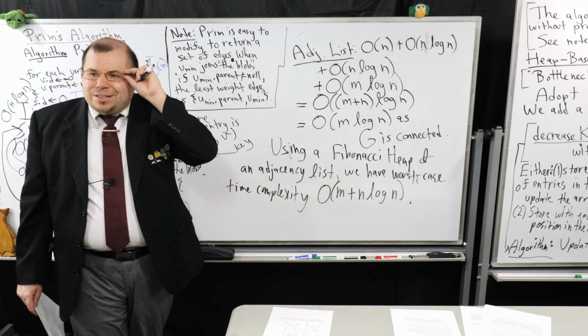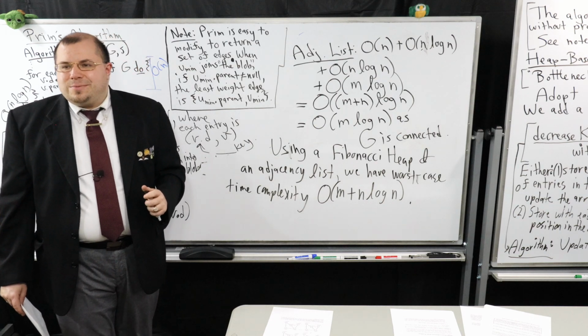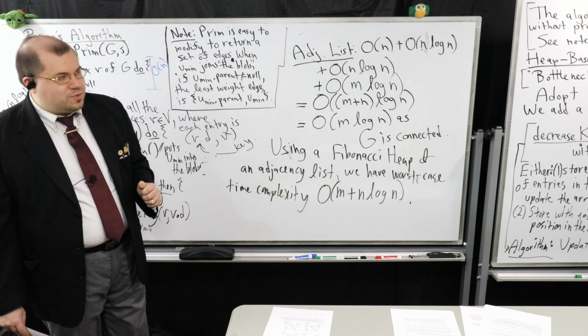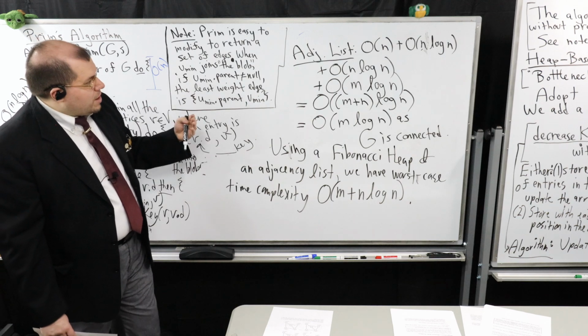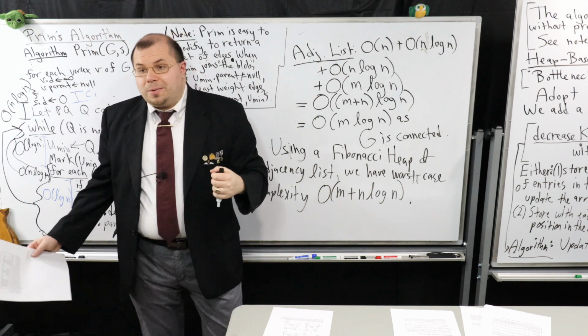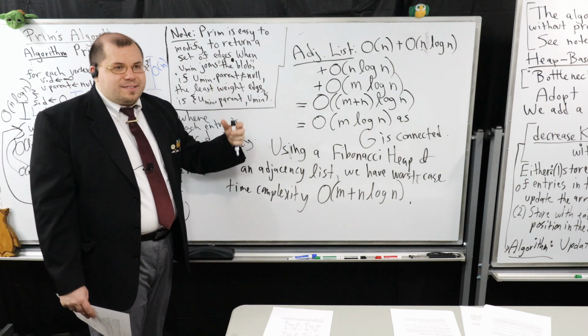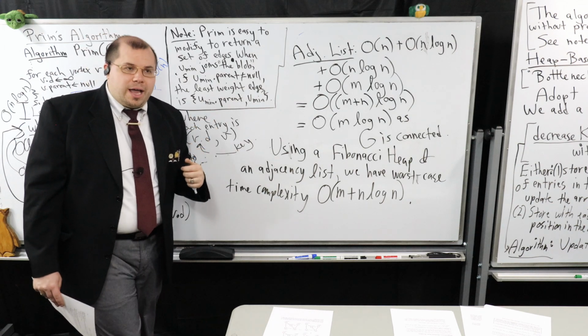Somebody had a question. The reason we dropped the first couple of terms is that they are insignificant compared to the logarithmic terms, right? It depends on what we're talking about here. If we're talking about a constant number of operations, we know that big O of 1 is a subset of big O of log n, for example.